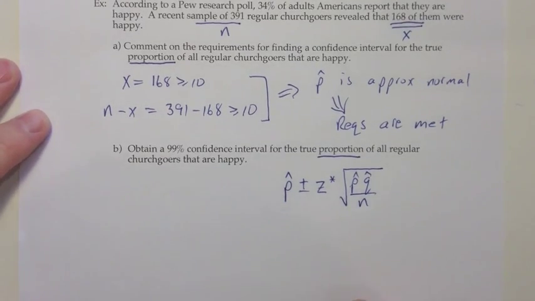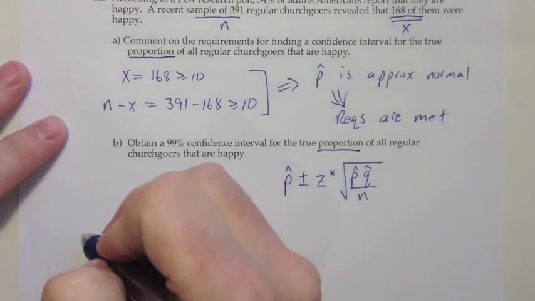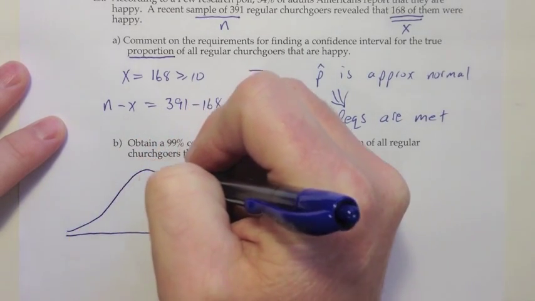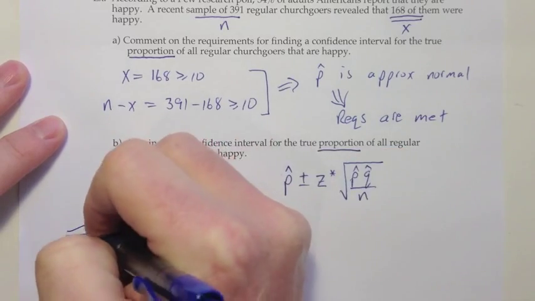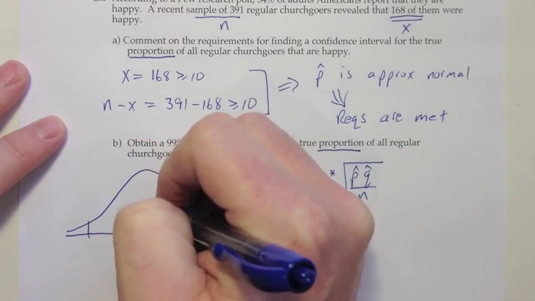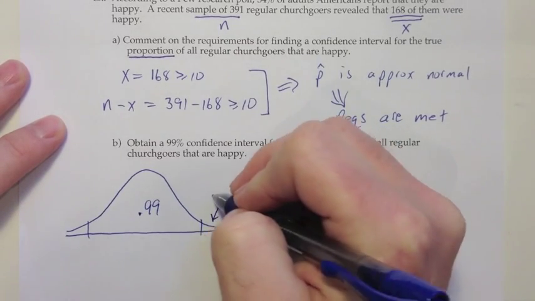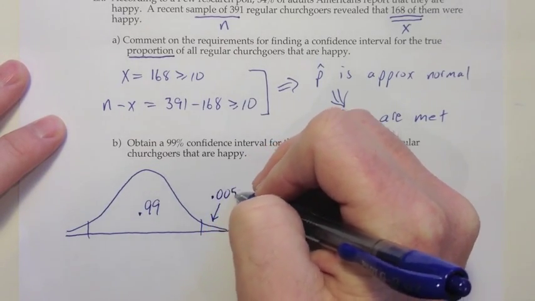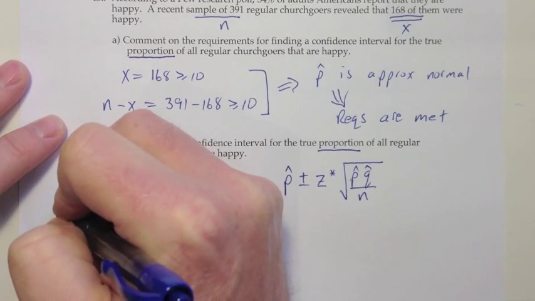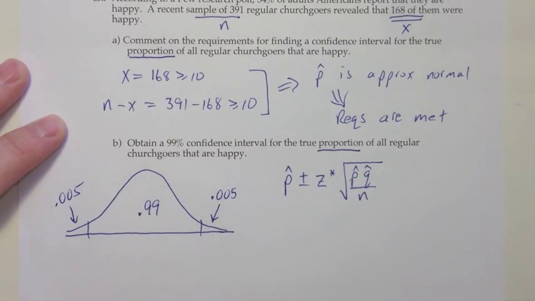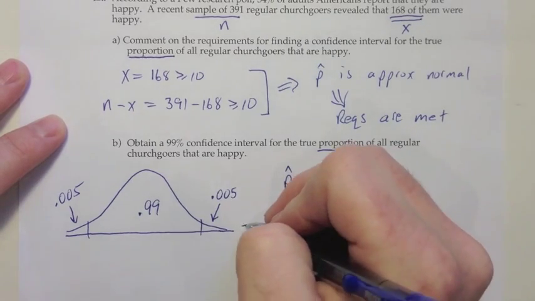So I'll want to draw a picture representing this 99% confidence level. So draw our normal curve in and put 99% in the middle. That leaves 1% left over, but we'd split that in half among the two sides, so that would be 0.5% or 0.005 on each side. And then this is a z-score that we're looking for.